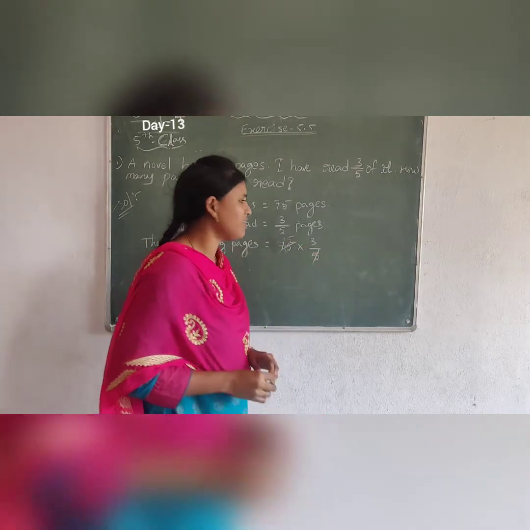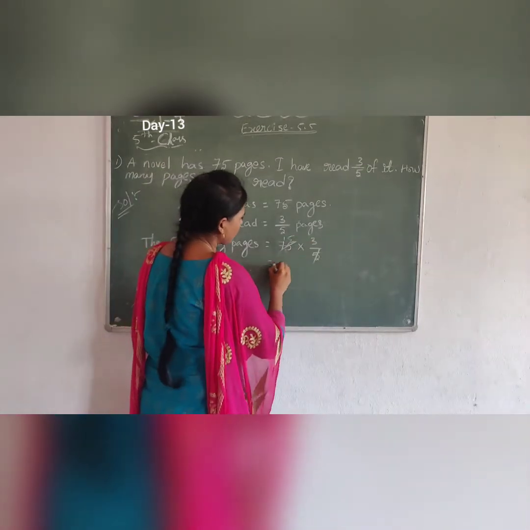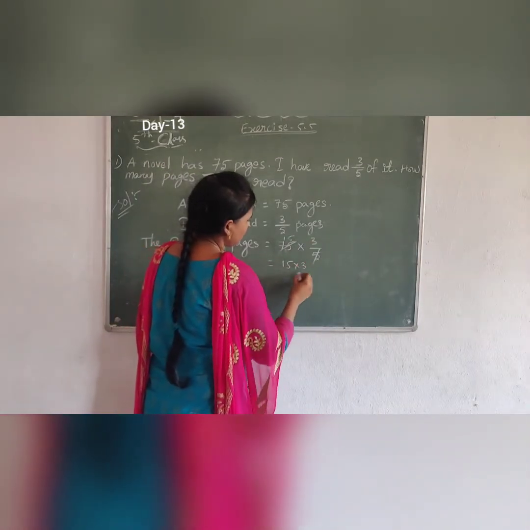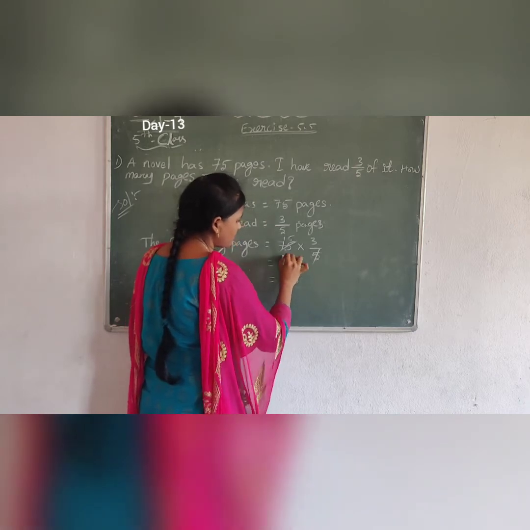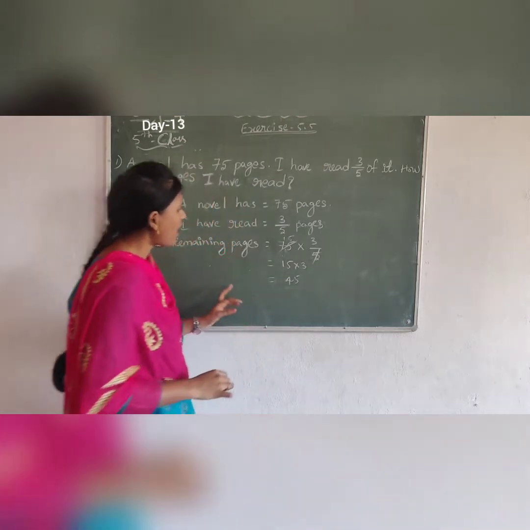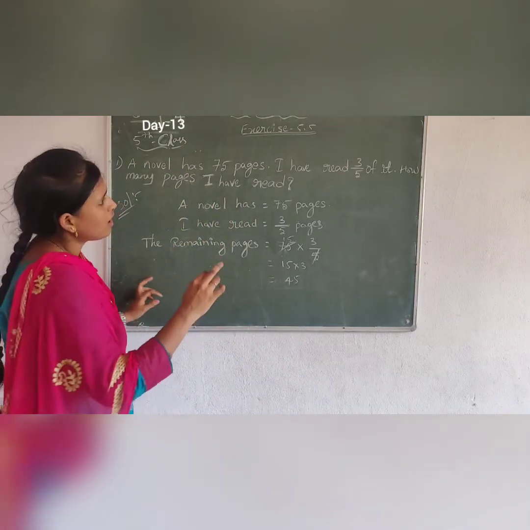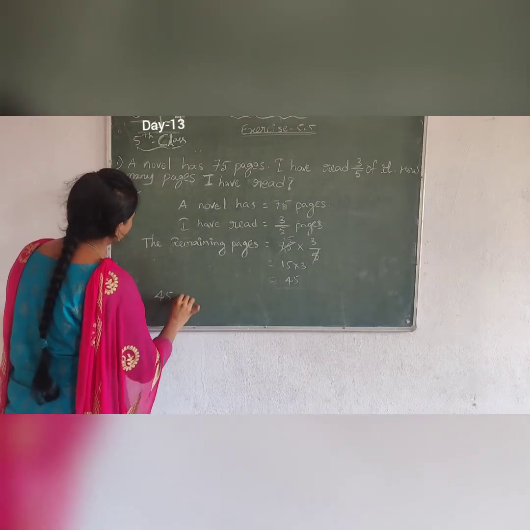So 15 fives are 75. 15 into 3 equals how much? 3 fives are 15, 3 ones are 3 plus 1 is 4. So the answer is 45 pages.